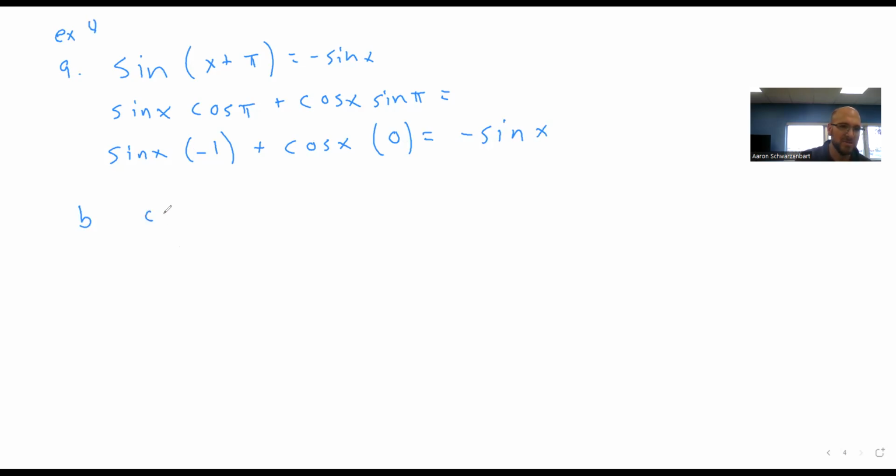I'm going to prove one more. Okay, so I'll use my cosine identity. Times cosine 3 pi over 2 minus with sine.